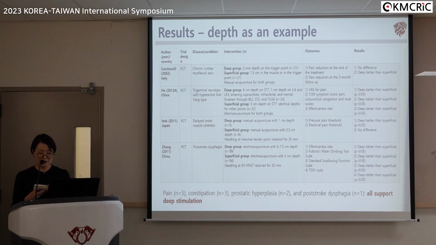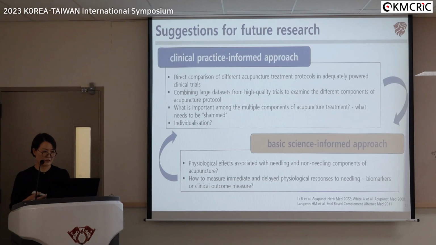They involved patients with various conditions, and almost all studies reported that deep needling is more effective than shallow needling for a variety of conditions. I did not put the slide for risk of bias assessment or meta-analysis in my presentation, and I hope I can share the results as soon as it is published in journals.